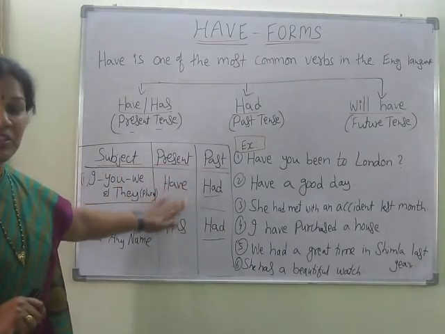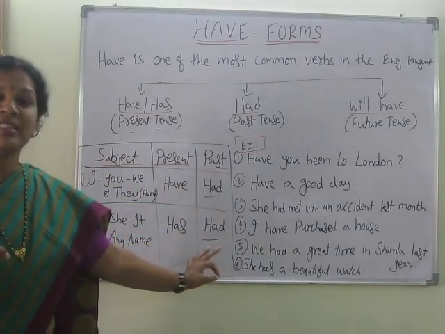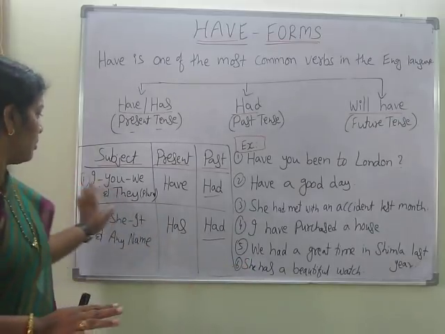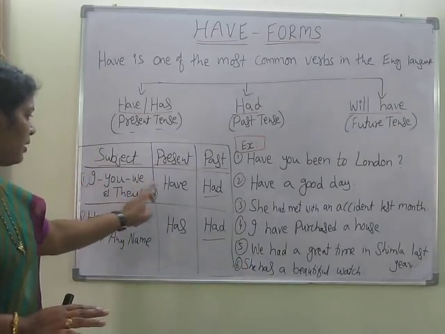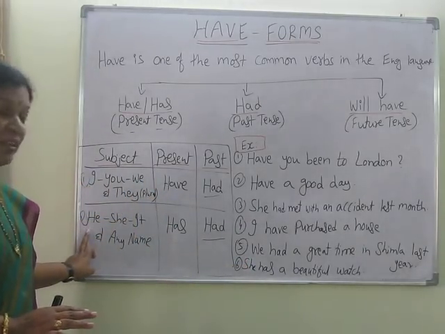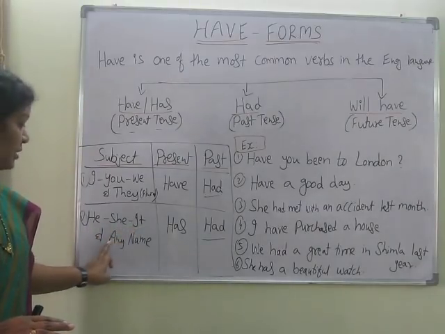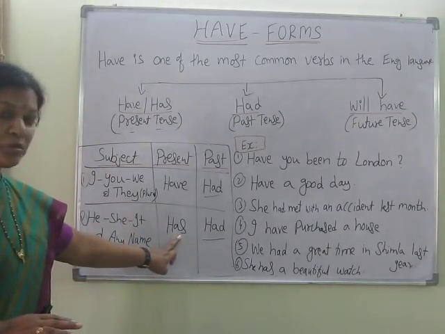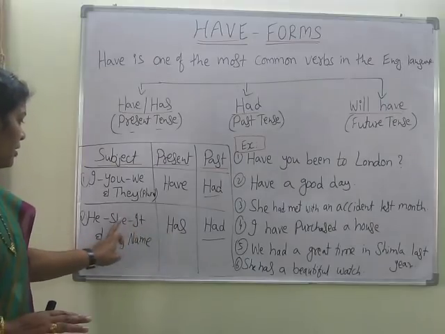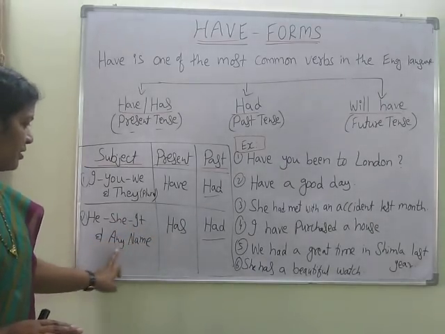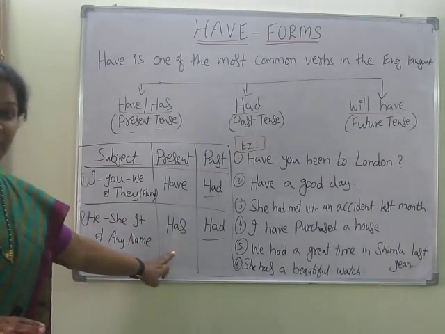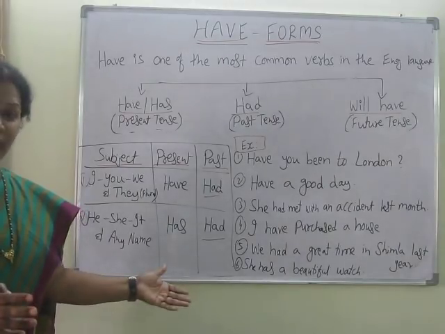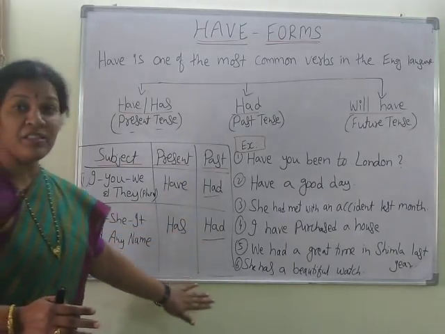Present tense will be changing, but past tense will always be consistent. It is had only. So I have, you have, we have, they have. And when it comes to he, she, it or any name, it is has. She has, he has, it has, or Rama has, or Vinith has, anything. But past tense is had.